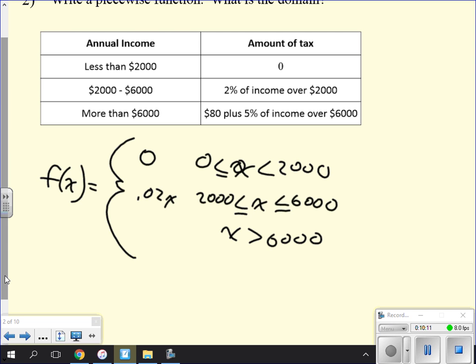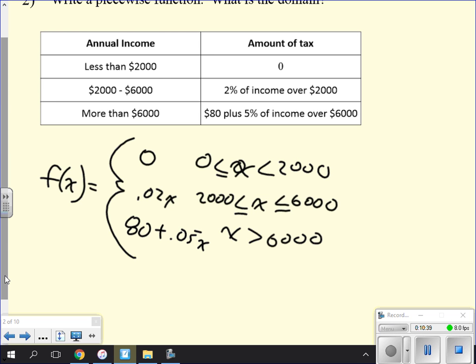So now I've covered all my bets for what my possible income could be, from making nothing to making lots and lots of money. But my equation changes each time. My equation on the next one is I pay $80 plus 5% of my income. So I pay $80 no matter what, plus 0.05x.